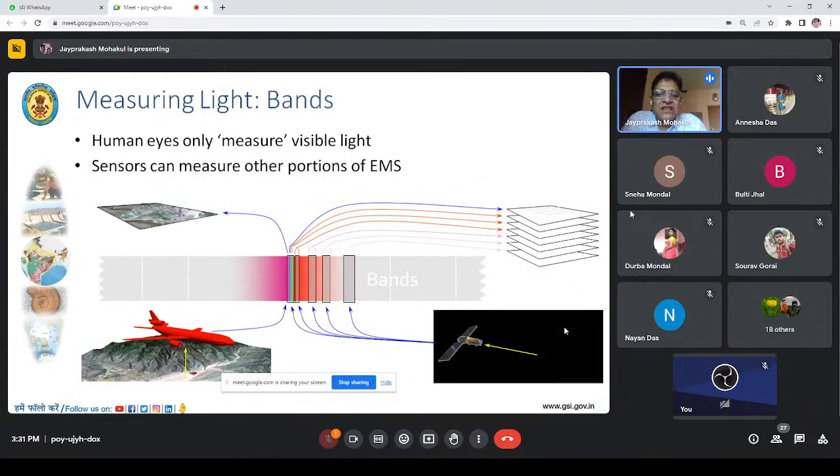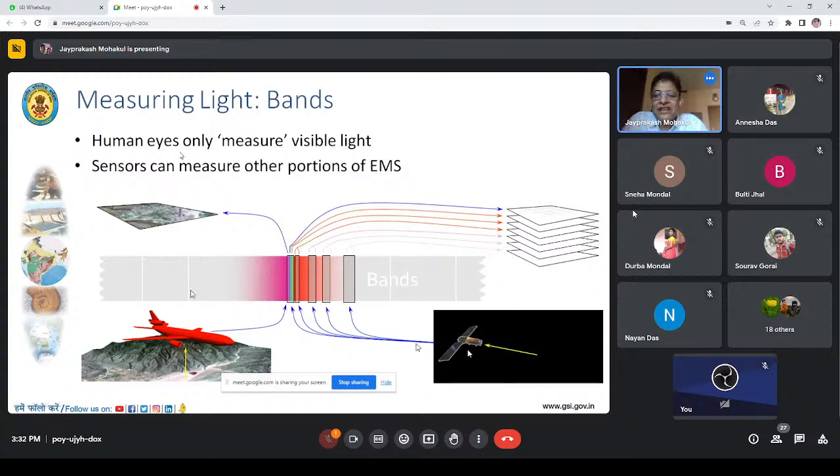Now, as we discussed, human eyes only measure visible light. Sensors can measure other portions of EMR, right? This is the basic principle of remote sensing. You can have an aircraft, or you can have a spacecraft. Suppose a spacecraft gathers information only in one band of EMR, then you will have a black and white photograph.